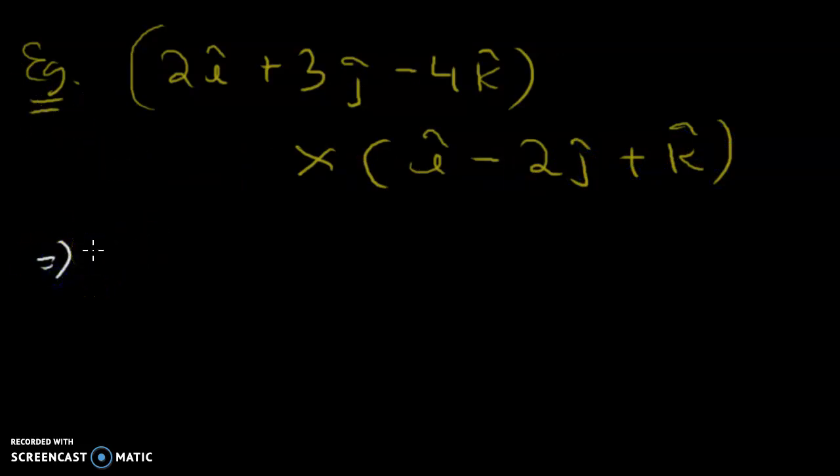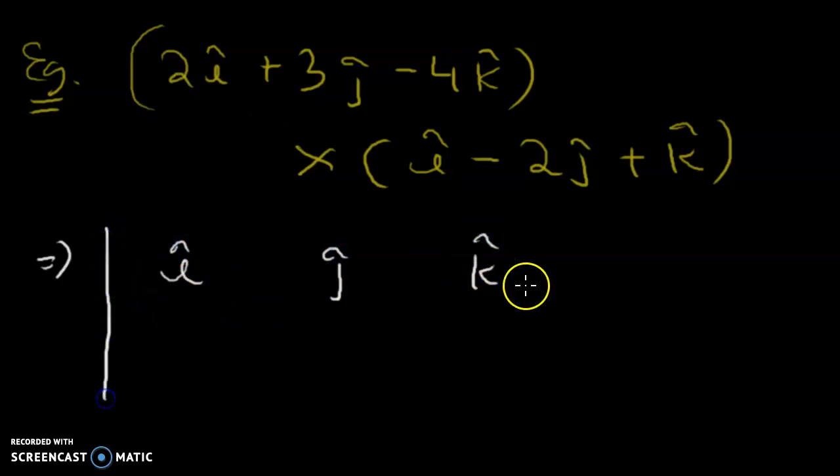For the time being, I'm stressing you to just know the normal way. Don't go for the determinant way. Okay, but otherwise I'm teaching you the determinant way as well. Okay, i cap, j cap, k cap. Now write all the i cap. Here i cap is 2 and this is 1.